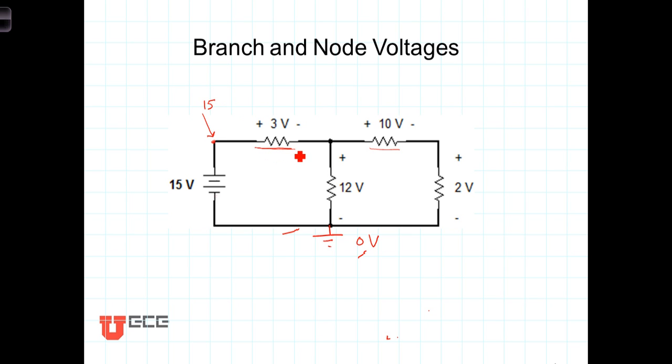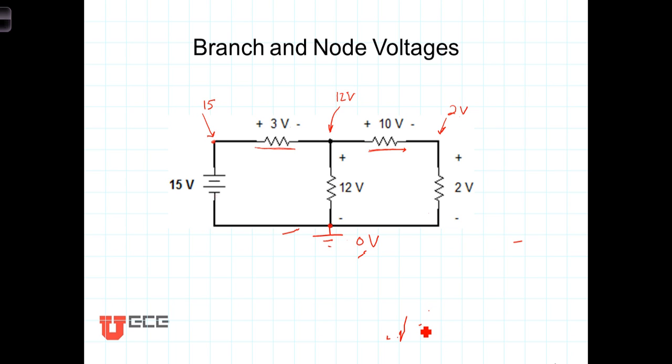Now, as we traverse this branch here, we drop 3 volts, getting to a voltage here of 15 minus 3 is 12 volts above our reference. Continuing on along here, we drop another 10 volts to 2 volts above our reference, and then continuing on down across these 2 volts back to our 0 reference.